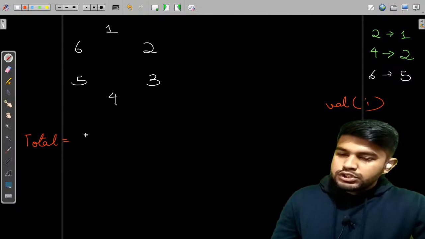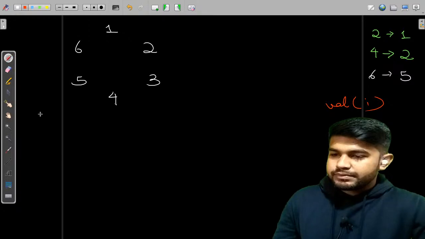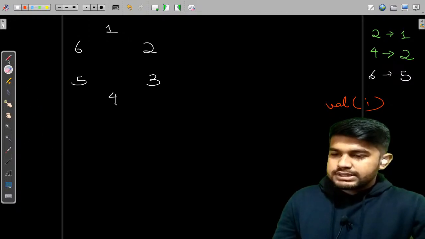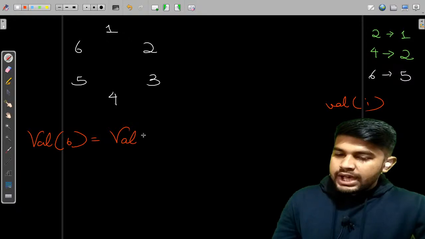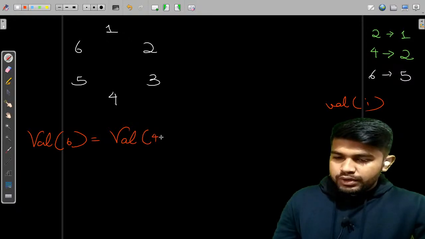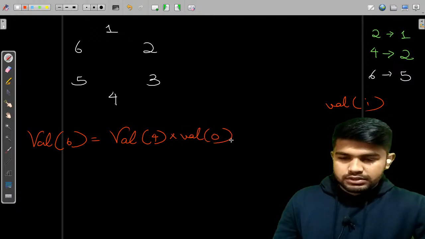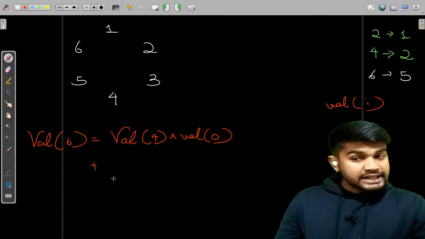Let's say the value of 6 is equal to value of 4 multiplied by value of 0. This is the first one. Now we would get added.